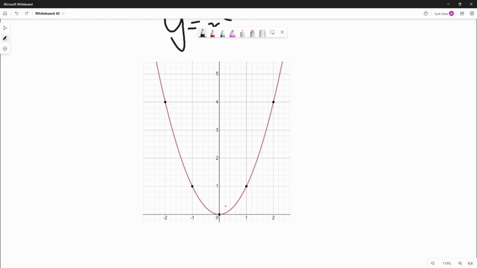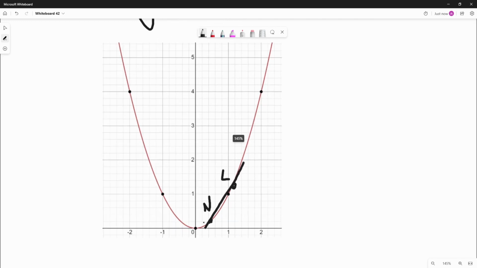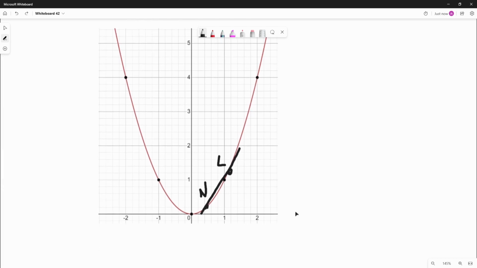So choose 2 points. Let's say this is N and this is L. Now if you draw a line through these points, you'll get the gradient using change in y over change in x.